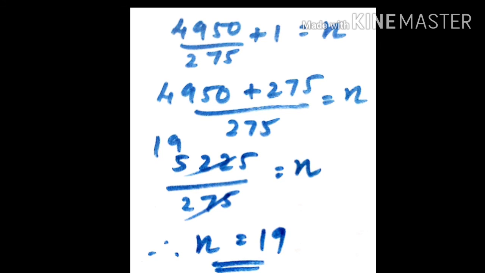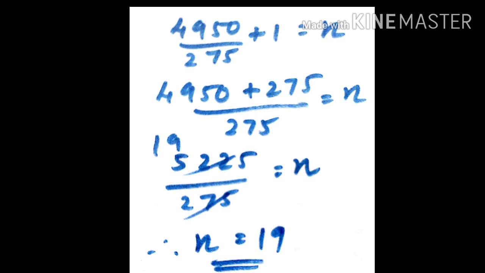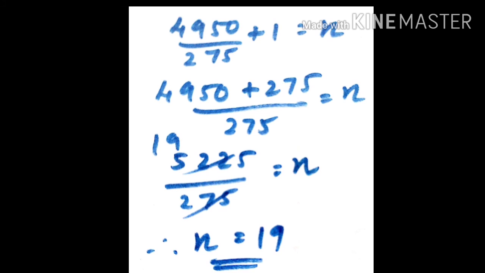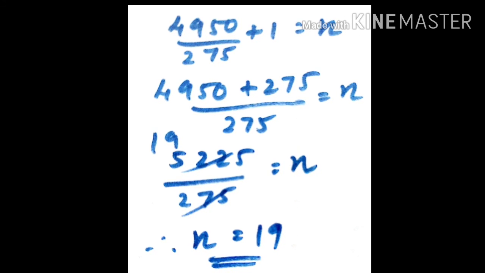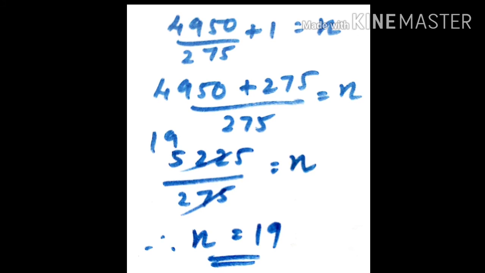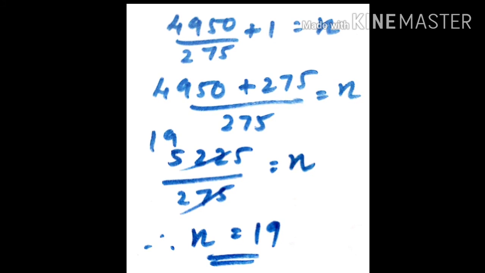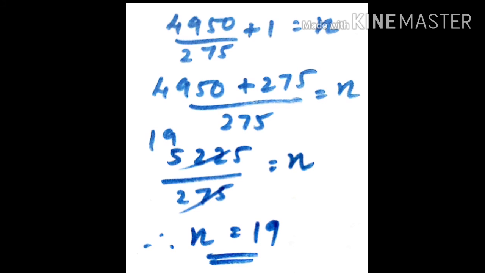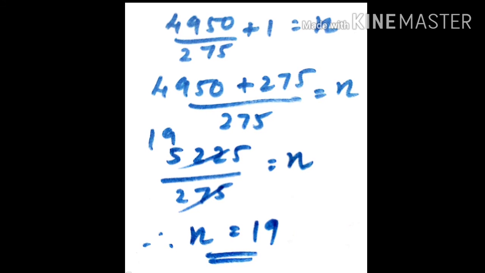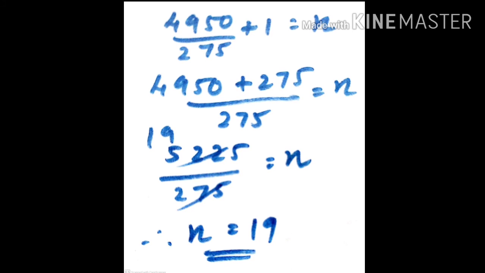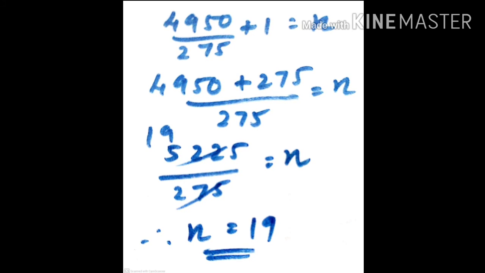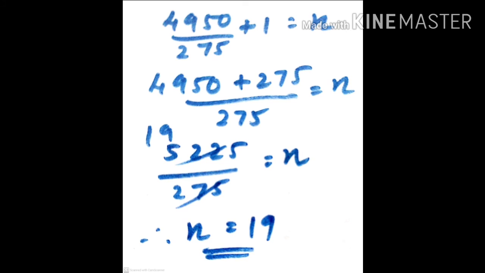By adding in the numerator we get 5225 upon 275, and by dividing these two numbers we get our n value, 19. So in this way you have to understand the question, what is given in the question and what you need to find out. Accordingly you have to use your formula to get your answer.